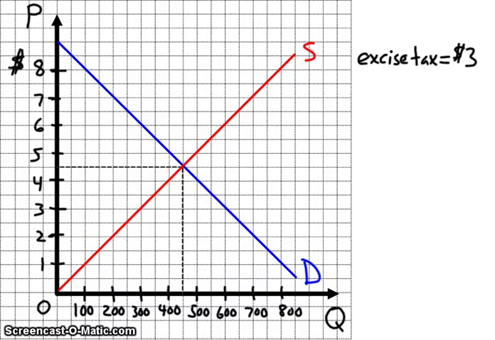The other thing I wanted to show you is if in fact they said that this excise tax was imposed on the buyers or the consumers, what would that look like? Well, instead of shifting the supply curve, we would want to shift the demand curve to show that change.